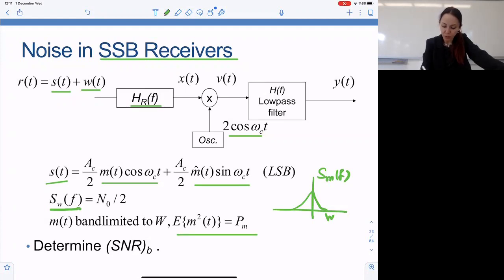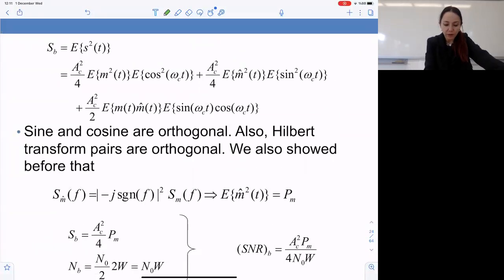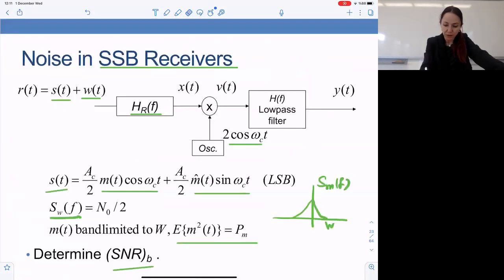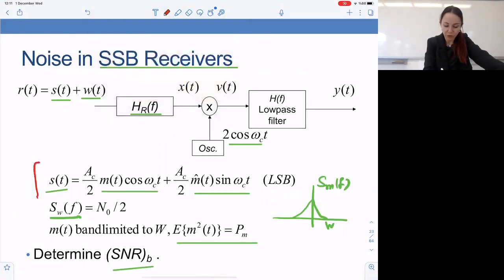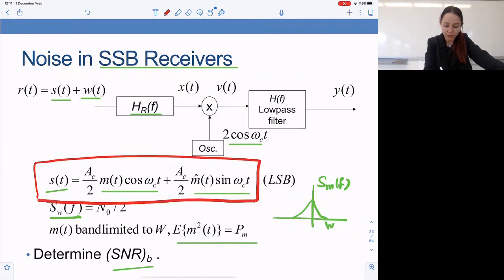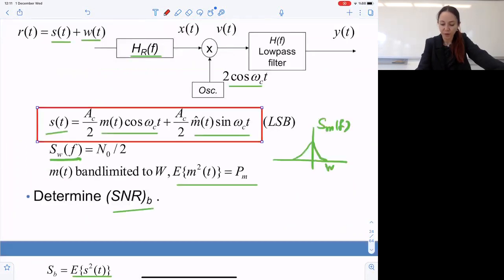Let's start by computing SNR_B. What is the power in the input signal? We can get it by using the time domain approach, because we already have the expression for the modulated waveform as such. So we'll simply take the expectation of s(t) squared.